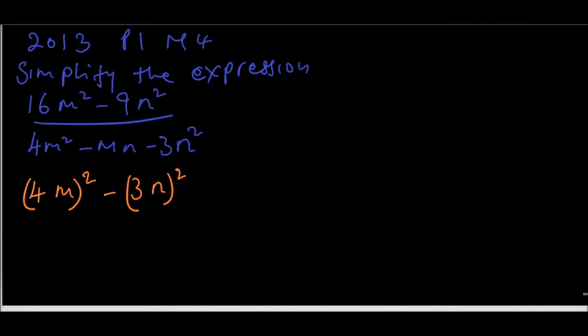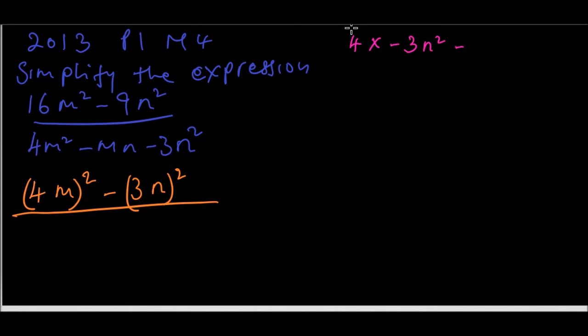Why am I doing that? So that I will be able to utilize the difference of 2 squares. Now, the denominator, we need to multiply. We multiply 4 by, since we have 2 unknowns here, we consider n as a constant, so we multiply by 3n squared.